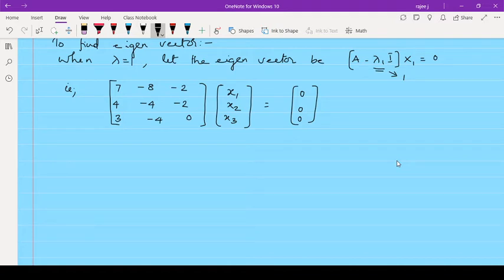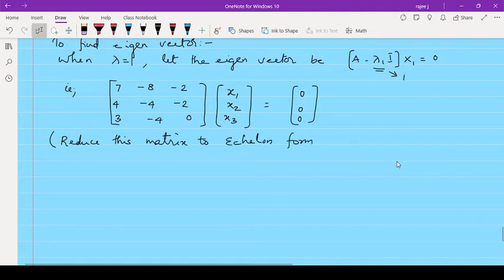Now, to solve this one, the process is, firstly, you will reduce this coefficient matrix to an echelon matrix, or echelon form. Echelon form, I hope you remember.